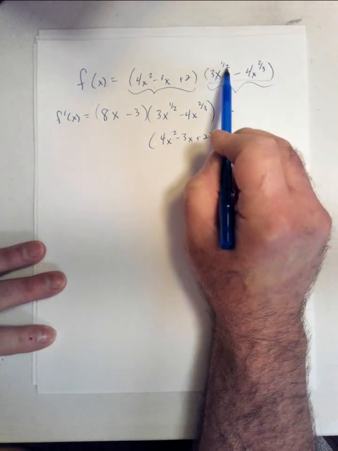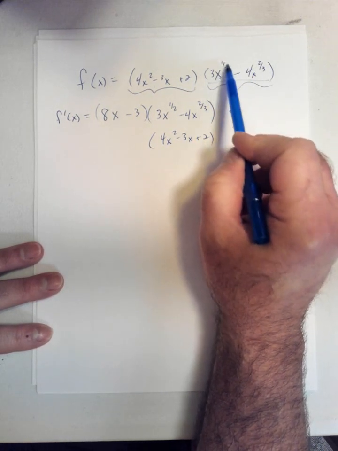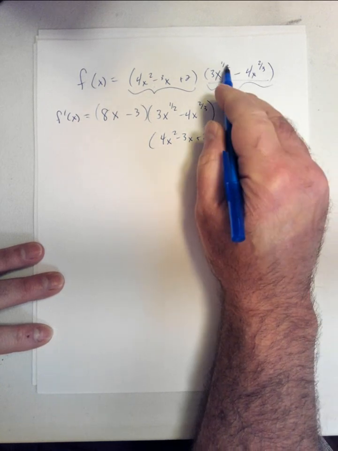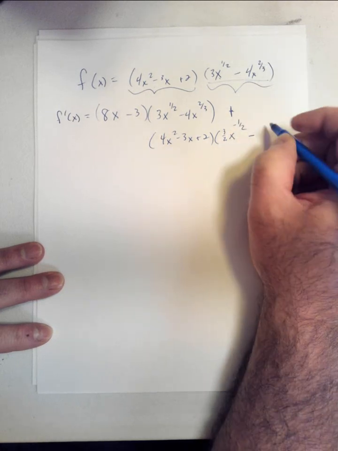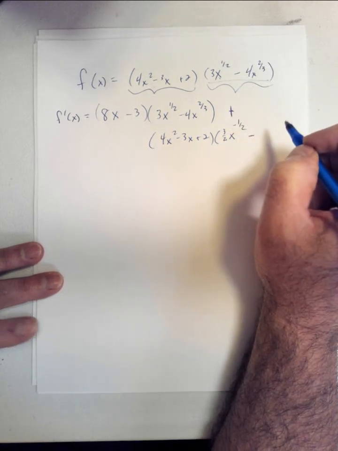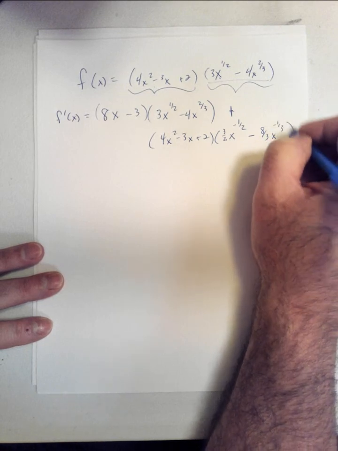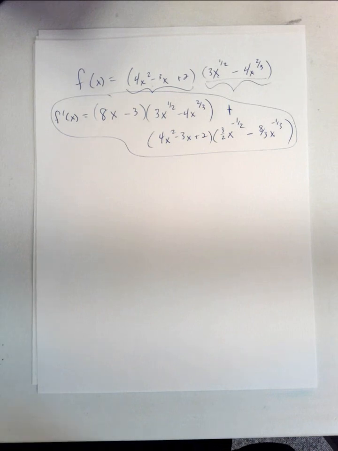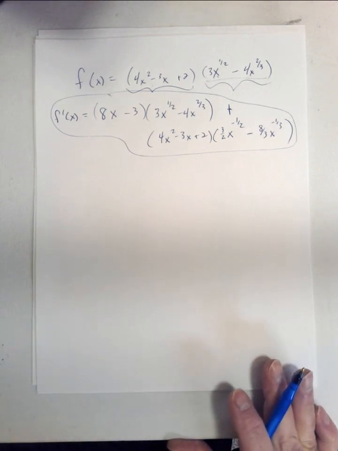And remember, even though these are rational exponents, we can still apply the power rule. So 1/2 times 3 becomes 3/2, and then we subtract 1, and then 2/3 times 4 becomes 8/3, and we subtract 1. So this becomes the derivative of f applying the product rule.